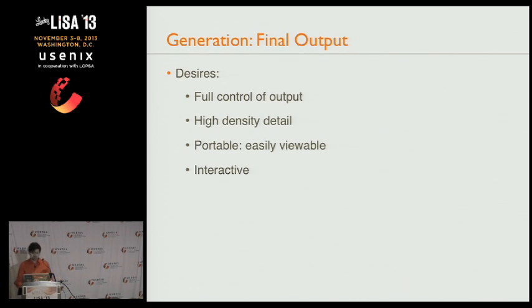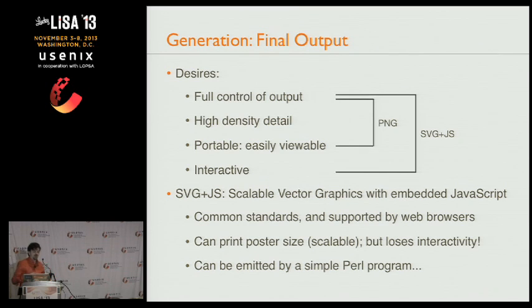For the final output, the desire is that I want to have full control of it. There are different visualization tools out there, and sometimes they can be a bit restrictive. I want high density detail. I want it to be easily viewable by colleagues on different platforms. And I do want it to be interactive, so that you can mouse over elements and see what happened.